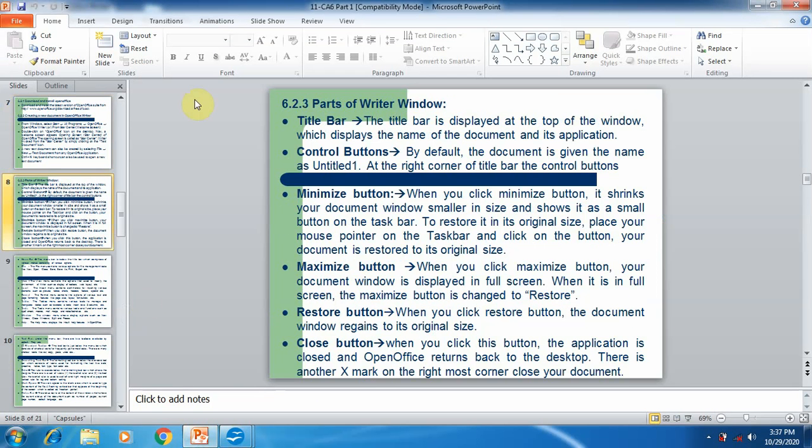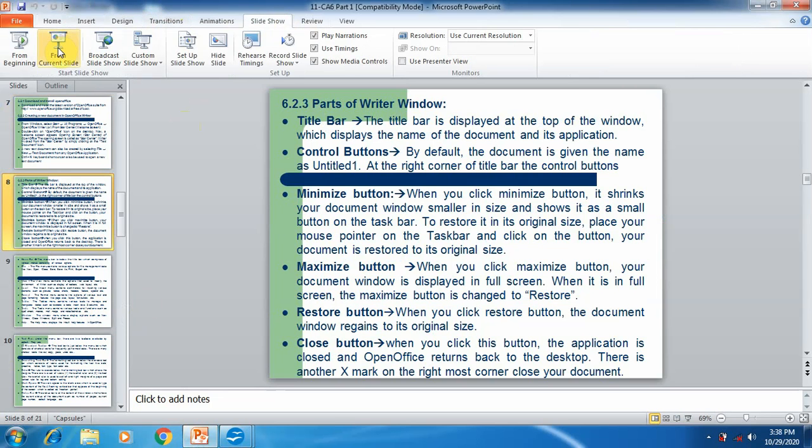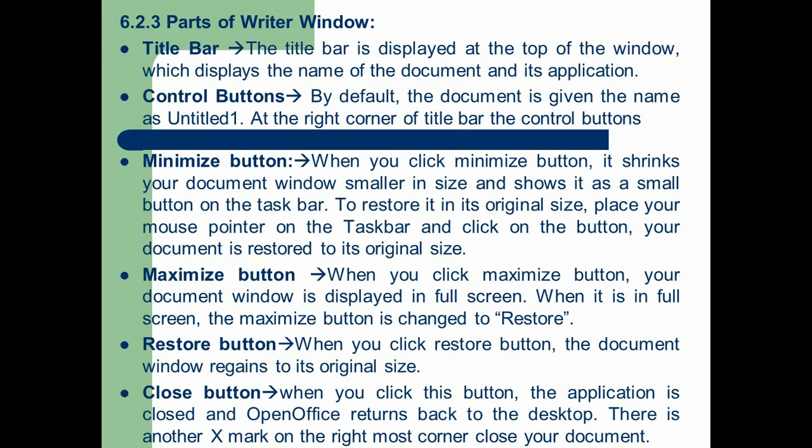Next we will see the different parts of the OpenOffice Writer window, which we already discussed in Windows. The same parts are available in this window also. We know what the title bar is, and the control buttons in the title bar like minimize, maximize, restore and close.